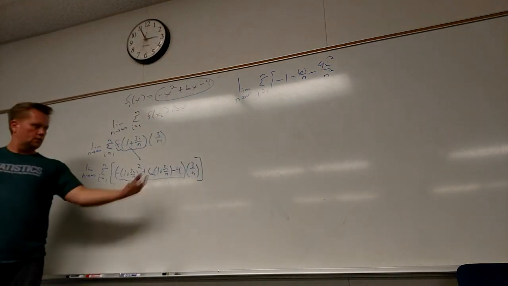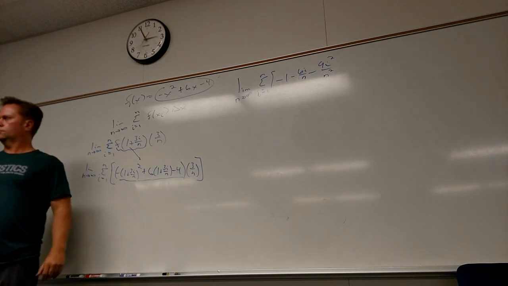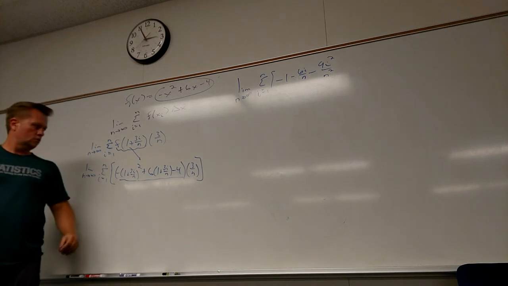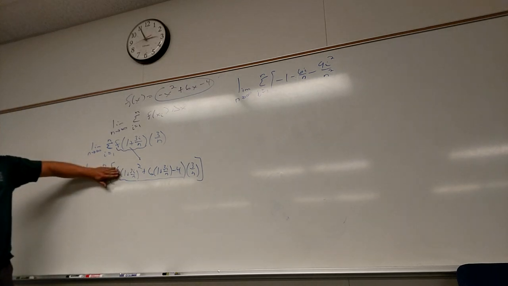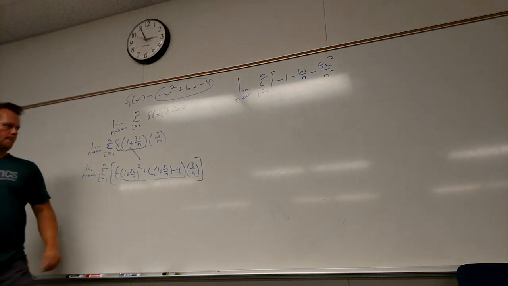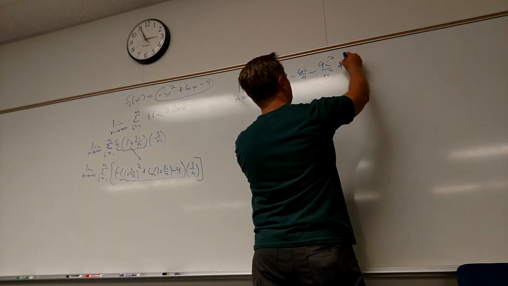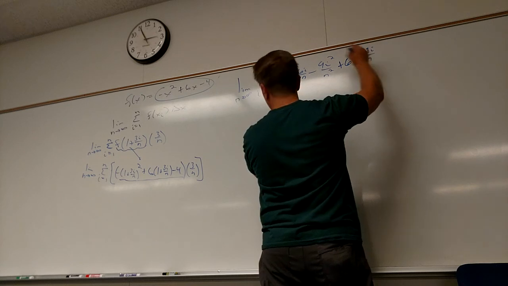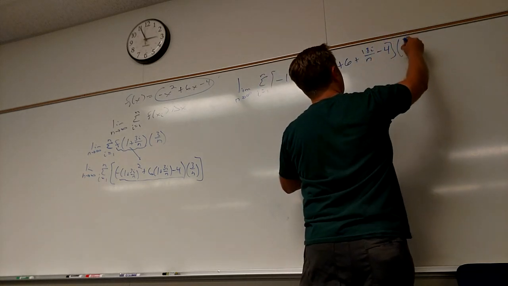For that piece, is that cool? FOIL that, you get 1 plus 6i over n plus 9i squared over n squared. Just bring a negative through the whole thing. Then I can distribute: plus 6 plus 18i over n, minus 4, times 3 over n.